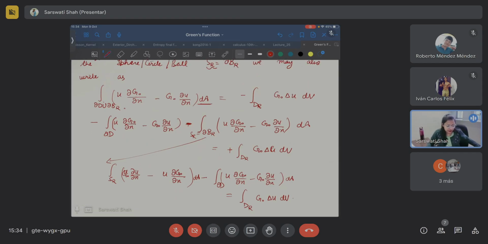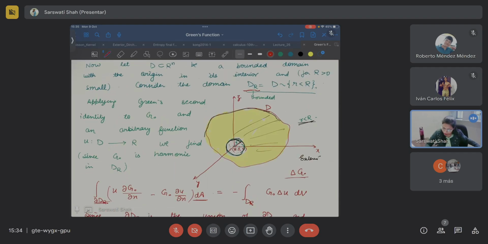Now our next goal is to take the limit as r approaches 0, the limit when this radius approaches 0. So what happens?